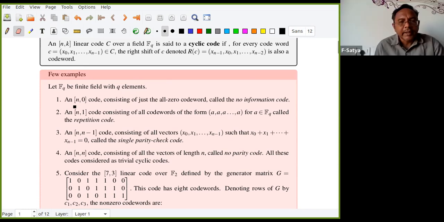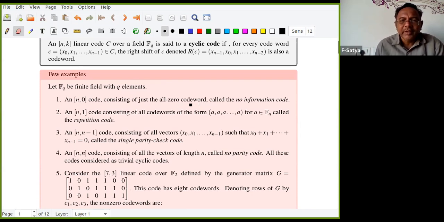So for example, I take the (n, 0) code. (n, 0) code means what? The code word lengths are n, but the dimension is 0. Which subspace has dimension 0? A subspace with dimension 0 has no vectors other than the 0 vector, that is, that code contains only the 0 code word.